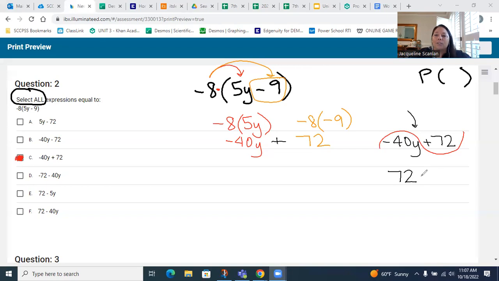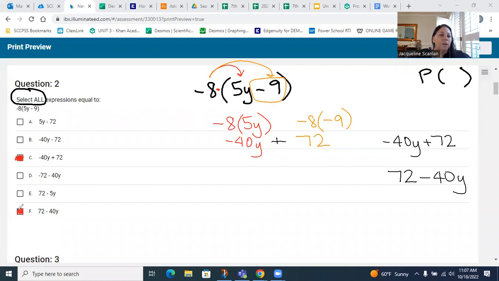And then I could subtract 40y from it. Okay, again, this is going to be used instead of as a negative sign, it's going to be used as a subtraction sign. So this would be the other way to write this exact same expression. Okay, and you can see that that answer is right here, 72 minus 40y.